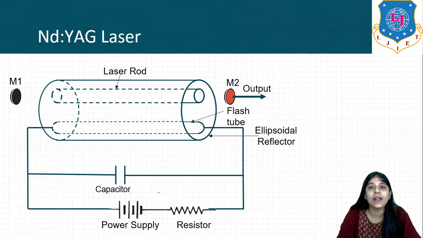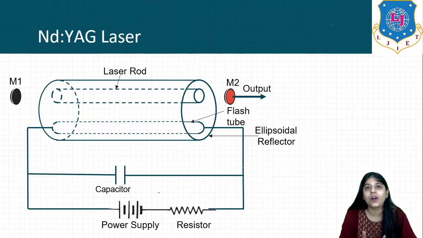Nd+3 ions are the active centers here, and the yttrium aluminium garnet is a crystal which is drawn into a rod in which Nd+3 ions are doped. This is called the active medium. Then the end faces of this rod are ground polished or silvered, so that it can act as an optical resonator. Otherwise, the optical cavity can also be formed by using two external reflecting mirrors.